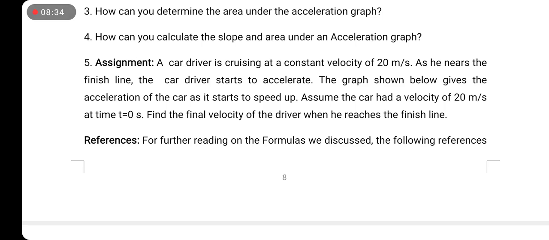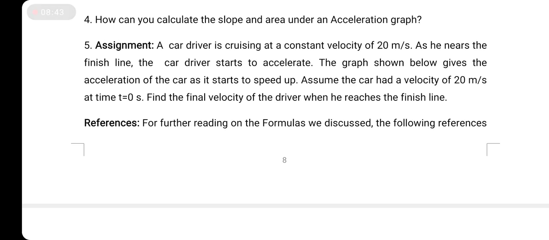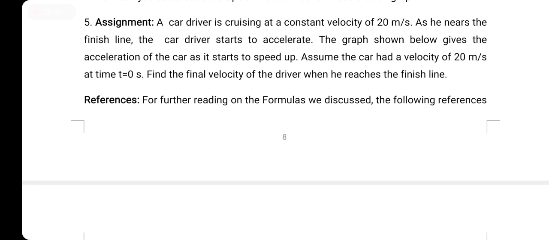As he nears the finish line, the car driver starts to accelerate. The graph shows the acceleration of the car as it starts to speed up. Assume the car had a velocity of 20 meters per second at time t is equal to 0 seconds. Find the final velocity of the driver when he reaches the finish line.